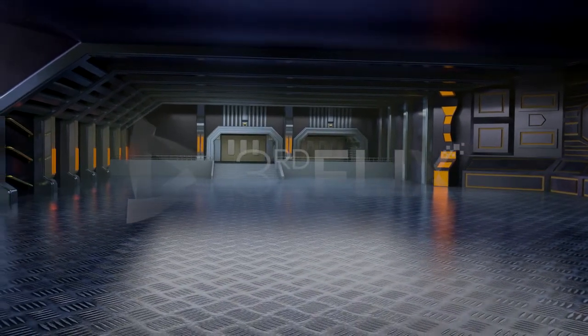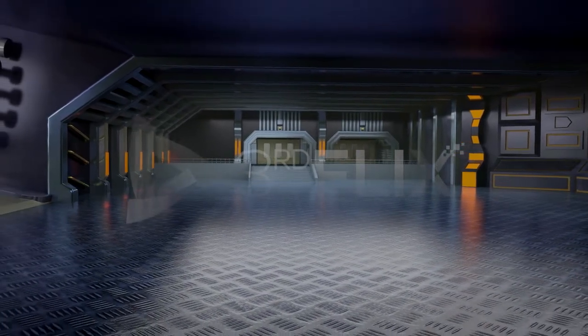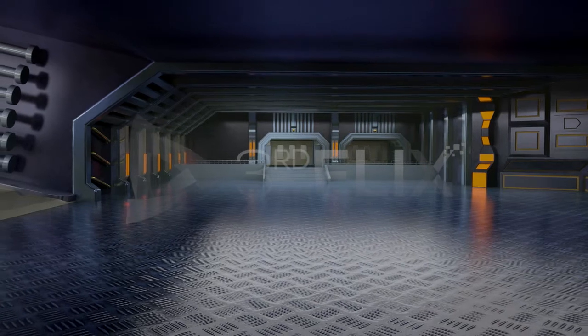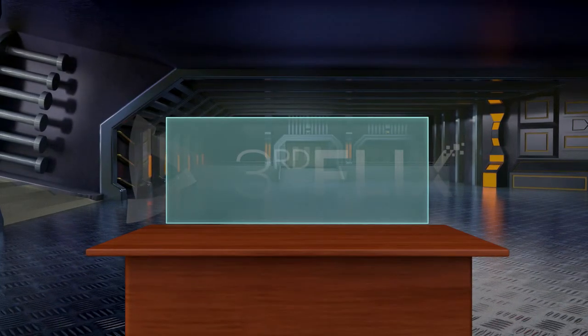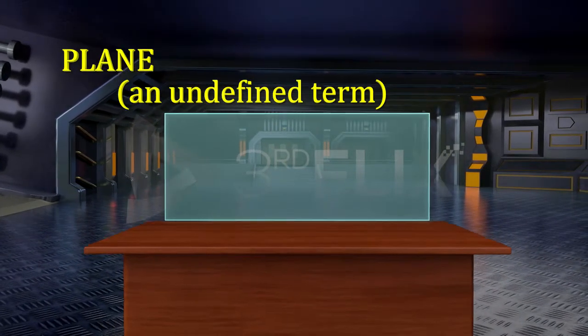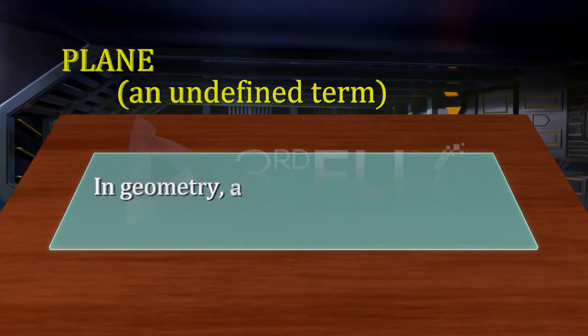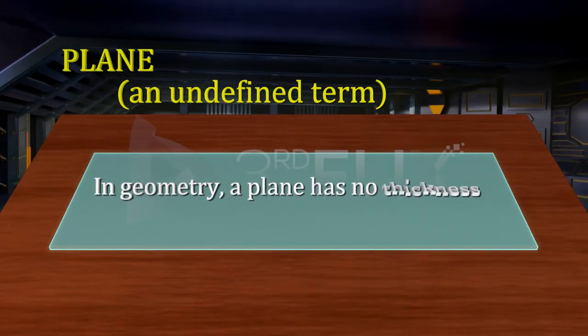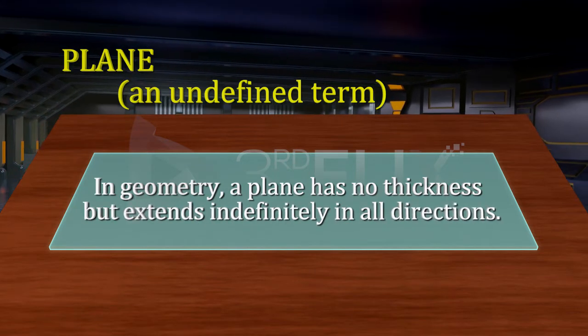Our world has three dimensions. But there are only two dimensions on a plane. Plane, an undefined term. In geometry, a plane has no thickness, but extends indefinitely in all directions.